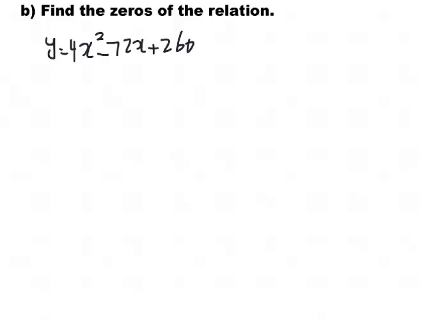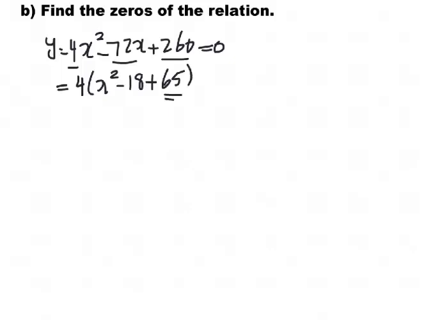The next question says, find the zeros of this relation. To find the zeros, we have to find the factors, or we have to solve this equation. To solve it, either we can use the quadratic formula, or we can use our knowledge about factoring. I'm going to factor out 4 from these three terms. So I'm going to get 4 times x squared minus 18x plus 65.